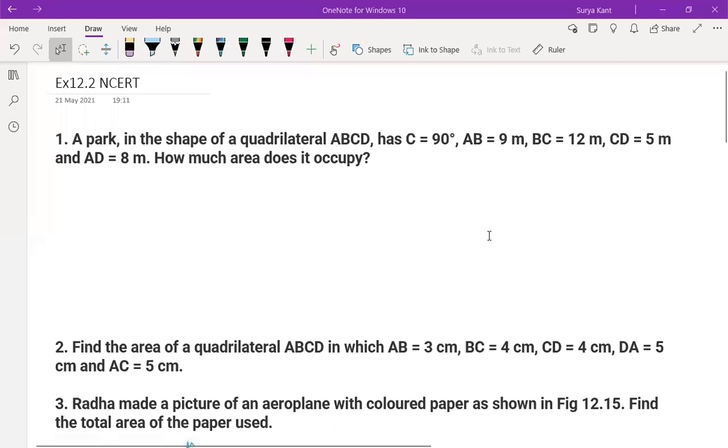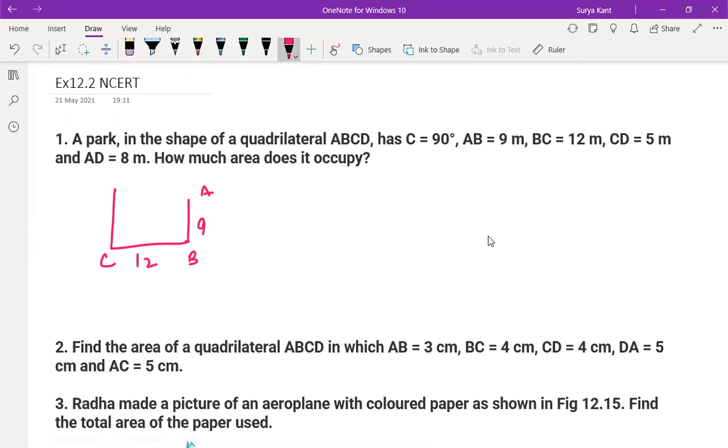The park is in the shape of quadrilateral ABCD. C is 90 degree. So ABC, C is 90 degree. AB is 9 centimeter. BC is 12.